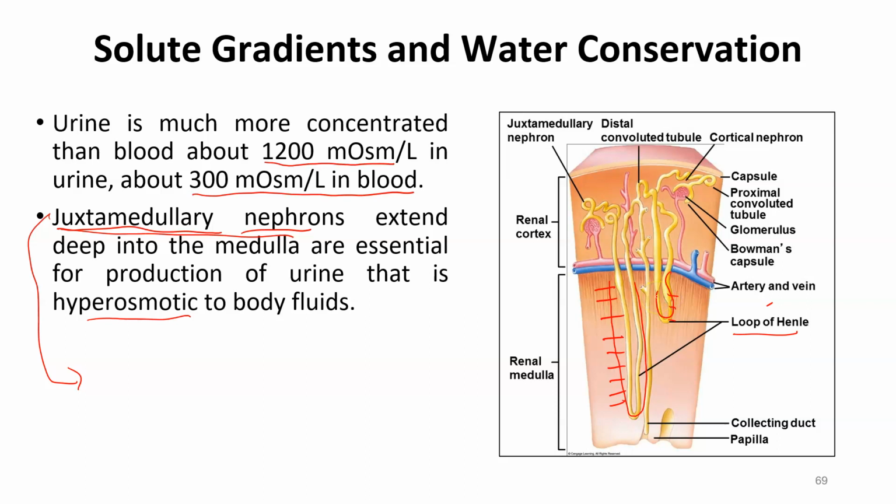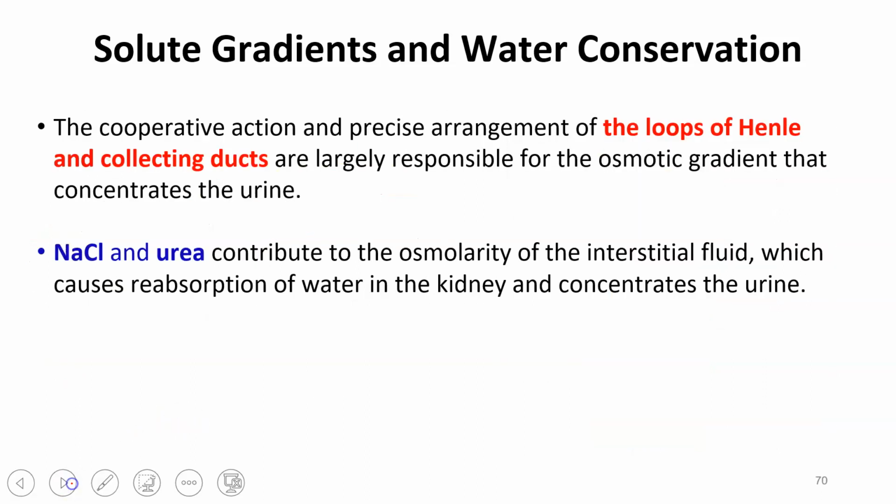So this is an adaptation of animals that live in hot areas to conserve water. So this animal will produce urine in low volume and very concentrated, hyperosmotic.